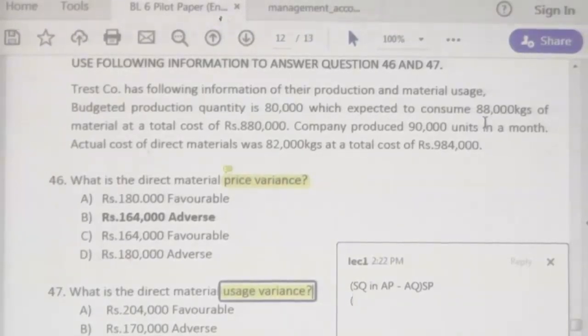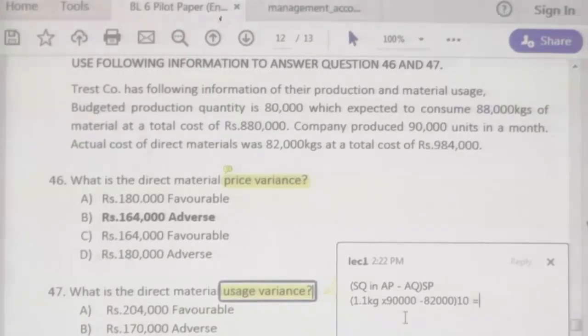You require 1.1 kilogram per unit, but you actually produced 90,000 units. Then minus the actual quantity, 82,000, and multiply by the standard price, which was already calculated as 10.